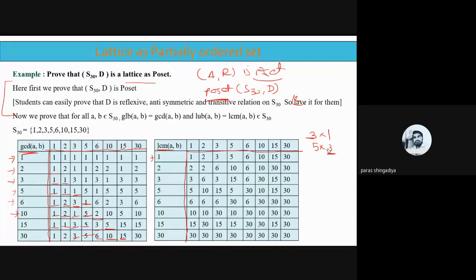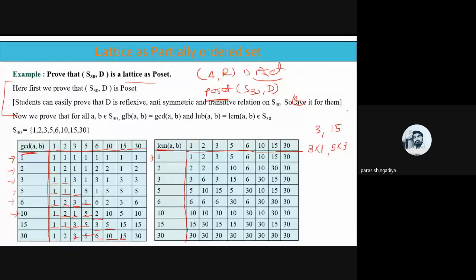Means if you consider two numbers, let's take 3 and 15. Okay, so what is the LCM of 3 and 15? So first consider the factors of 3, that is 3 into 1, and the factors of 15, that is 5 into 3. Clear? And now 3 is repeated 2 times. Clear? 3 is common to both.